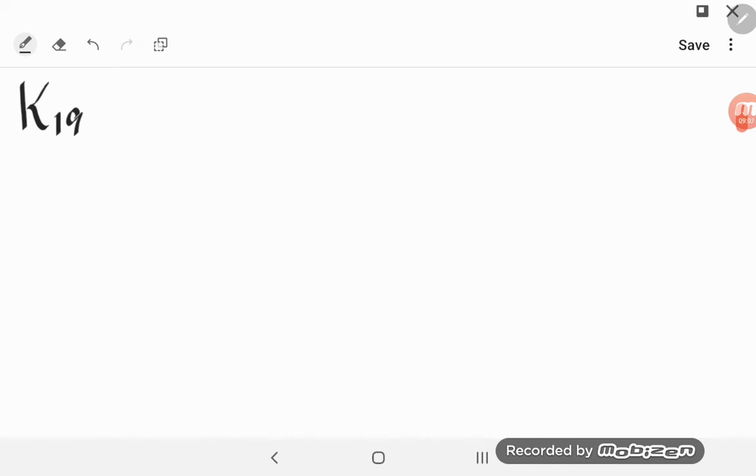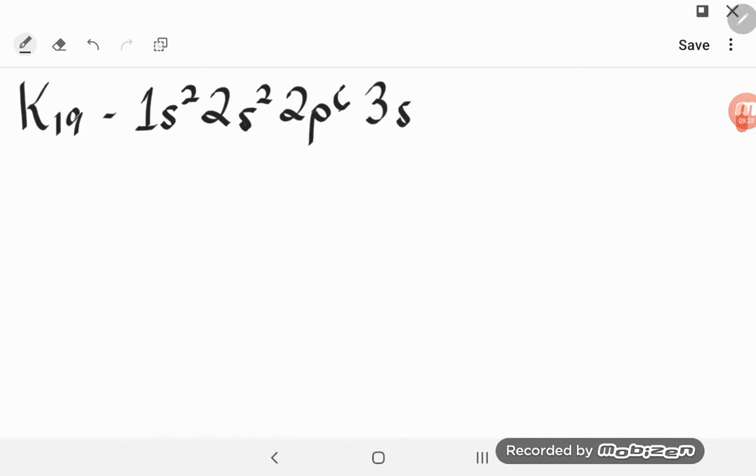Let me just rewrite the electronic configuration for potassium. So 1s2, 2s2, 2p6, 3s2, 3p6, and 4s1.